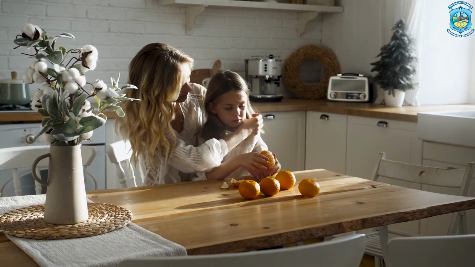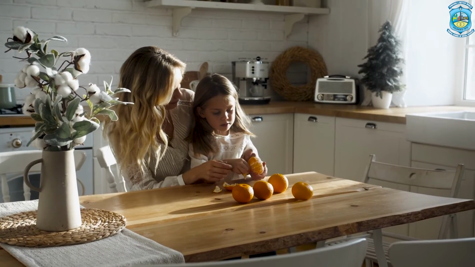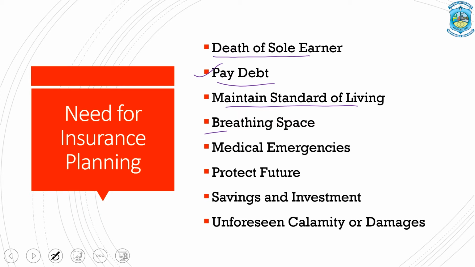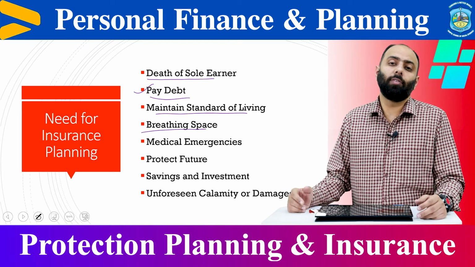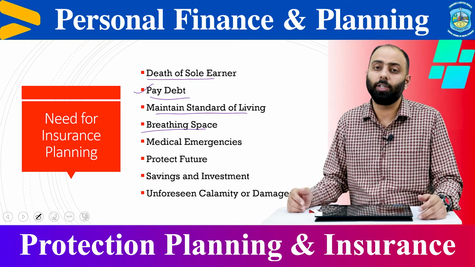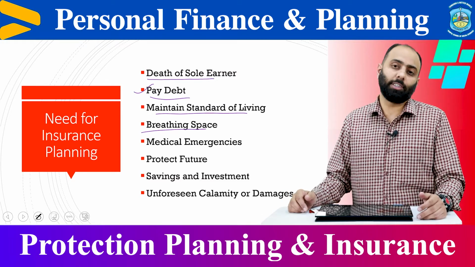So to sustain the same life, you need to have a proper insurance cover, and planning must be in that style. Then breathing space. Yes, that is also most important, because just after the death of the bread earner or any family person on whom others are dependent, people have a problem: how to cope up, how to manage, how to find an alternative source of income and how to sustain life.